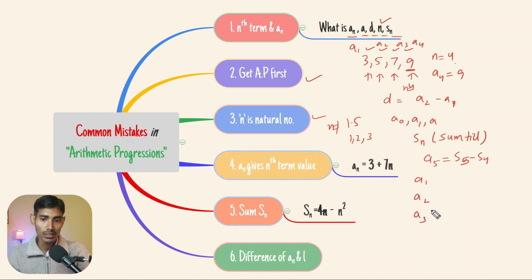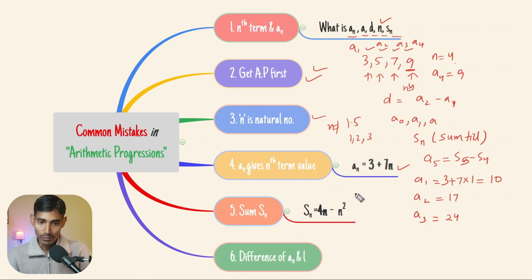Then you will get the AP and you can do whatever you want. 3 plus 7 times 1, so you get 10, then 14, 17, and 24. So An is the formula given to us in which we can substitute the natural number values 1, 2, 3, 4 and get the AP.